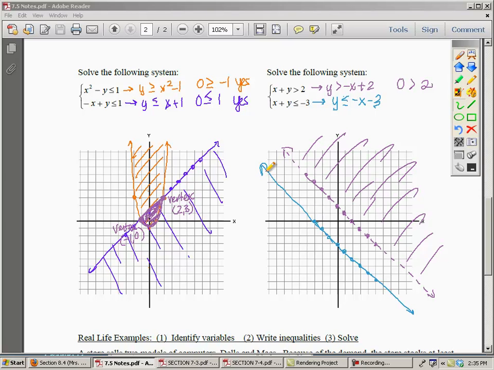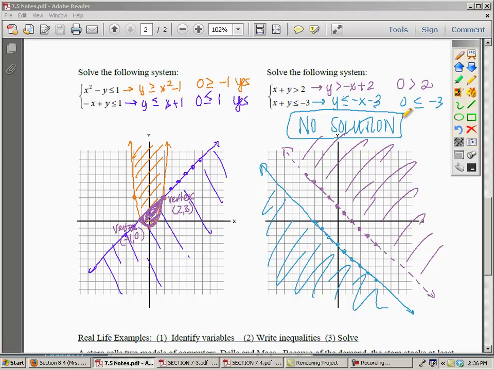I hope you start to see something. Is 0 less than or equal to negative 3? The answer is no, so we shade away. And so the question is, where do the two intersect? They don't, so our answer is no solution. You're seeing the two parallel lines. They don't have anything in common, so we just say no solution.